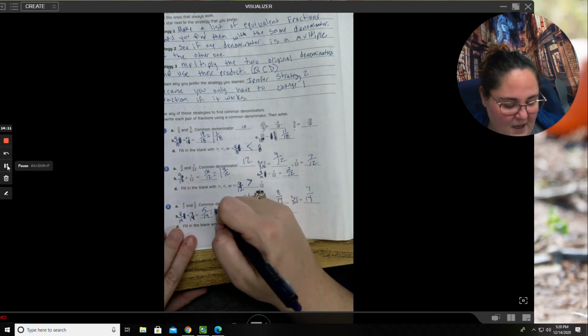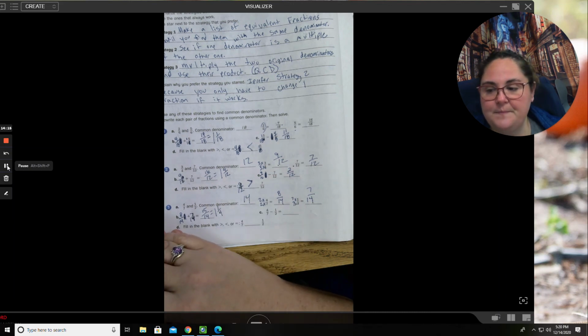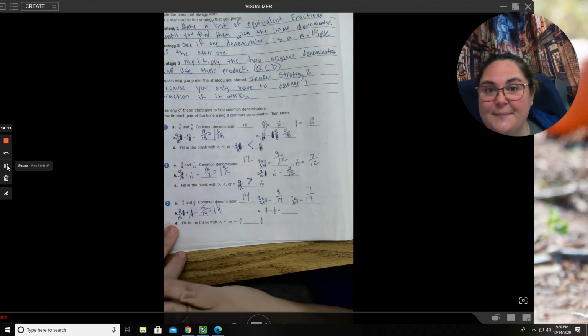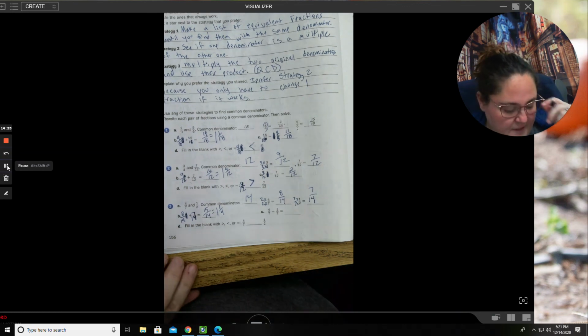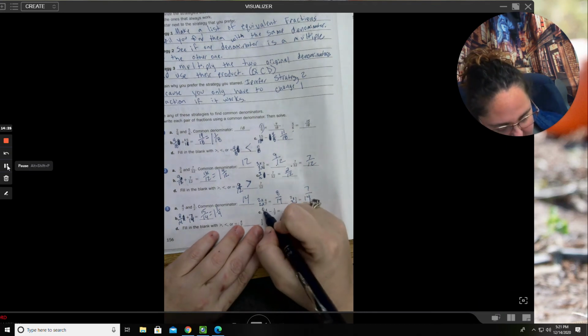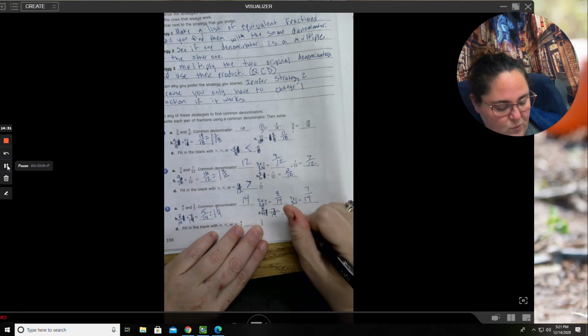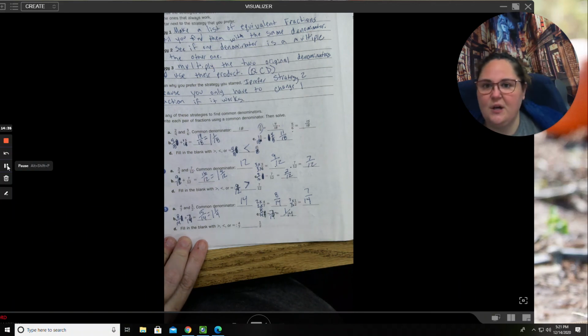I would make it 1 and 1/14. That's what I would do with that problem. How would I rewrite and solve part C? All right, I would rewrite this as 8/14ths minus 7/14ths equals 1/14.